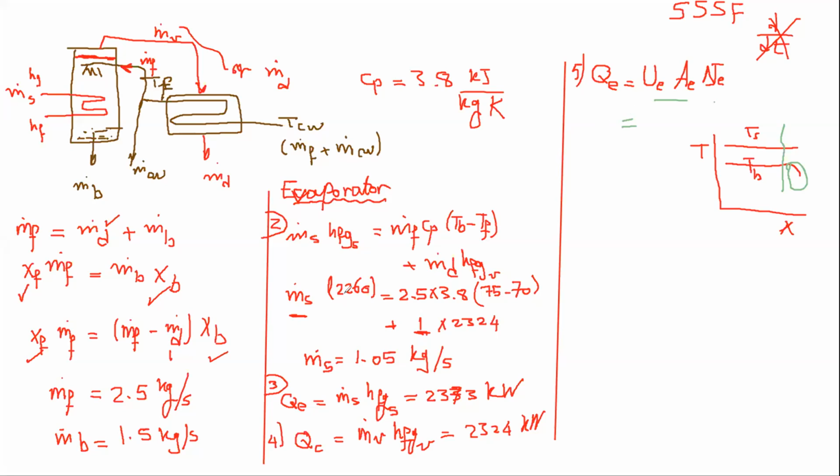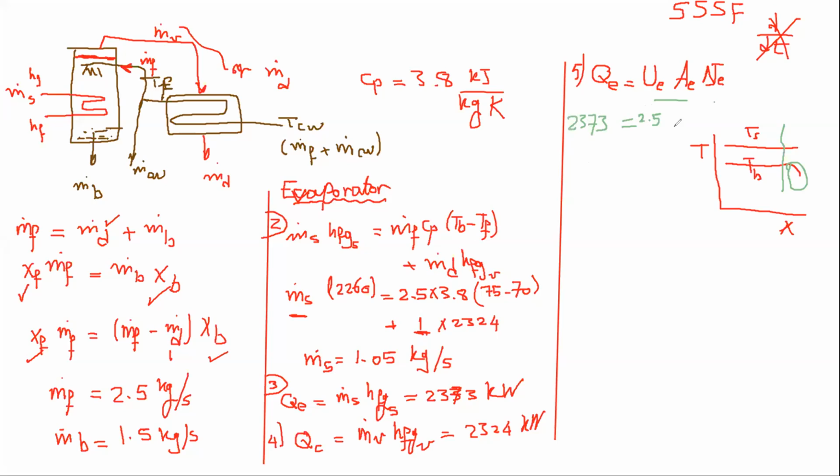So Q, we have calculated previously. We have got it from here, 2373. UE has been given to us, and the value is 2.5 kilowatt per meter square centigrade or Kelvin.